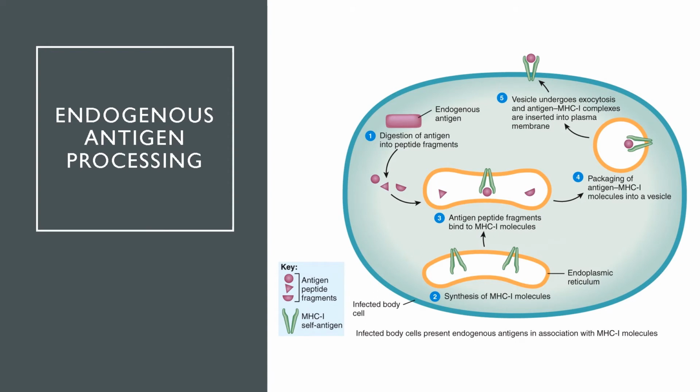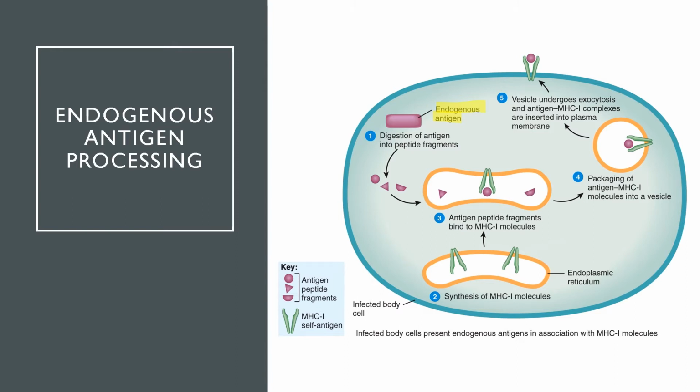Foreign antigens that are present inside body cells are called endogenous antigens. Such antigens may be viral proteins produced after a virus infects the cells and takes over the cell's metabolic machinery. In this picture, we have the steps in the processing and presenting of an endogenous antigen by infected body cells.